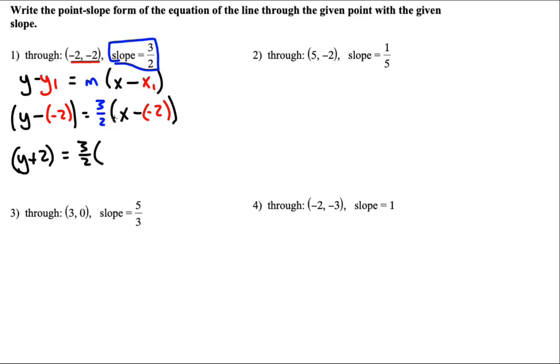And x minus -2 is the same thing as x plus 2. So here is our final equation that's simplified in point slope form that shows us that if you go through point -2, -2, and slope of 3/2, you end up with y plus 2 equals 3/2 times the quantity x plus 2.